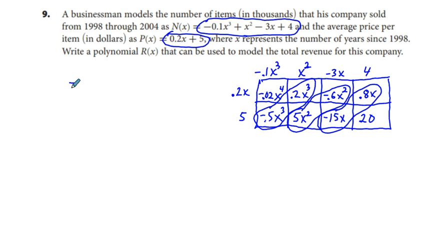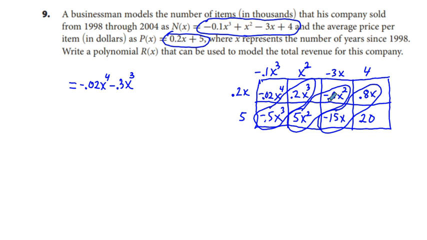So our answer for this is going to be negative 0.02x to the 4th power. And we have negative 0.5 plus 0.2, which is minus 0.3x cubed.